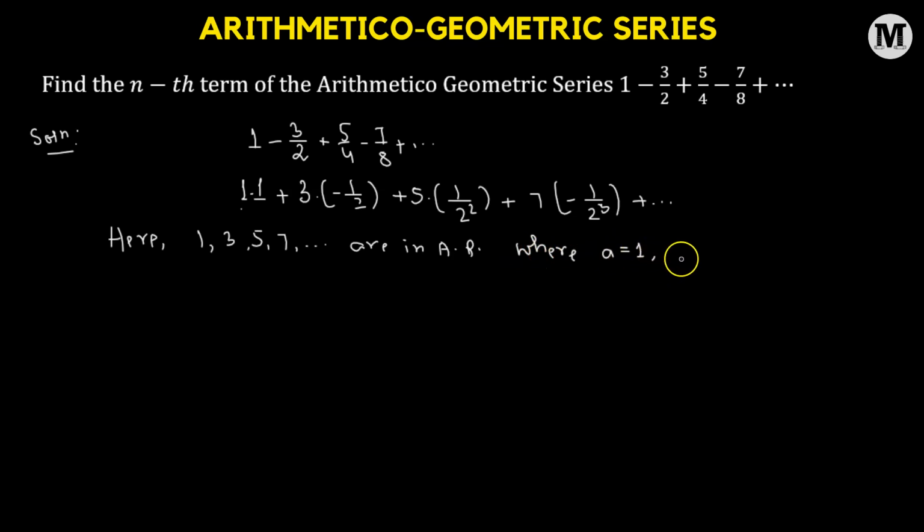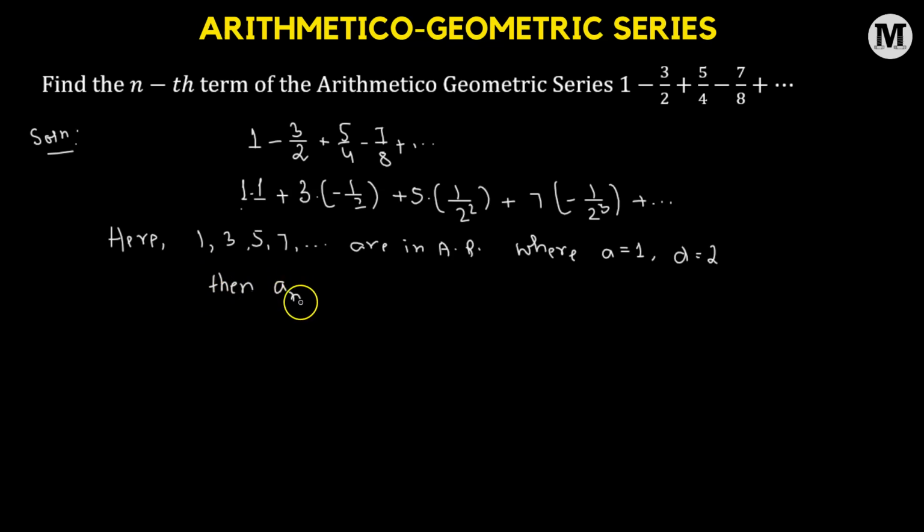Then the common difference can be obtained by taking any term in the sequence and subtracting the previous term from it. If we take the third term 5 and subtract the second term 3, that gives us 2. Similarly, 7 minus 5 is 2 as well. So the common difference is 2. That means our given sequence is indeed in arithmetic progression, and we can define its nth term.